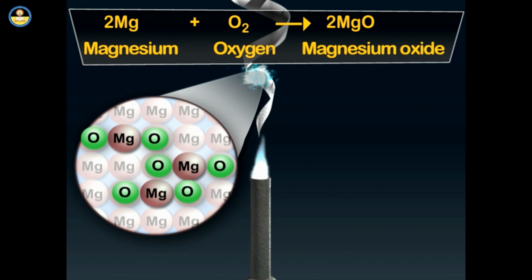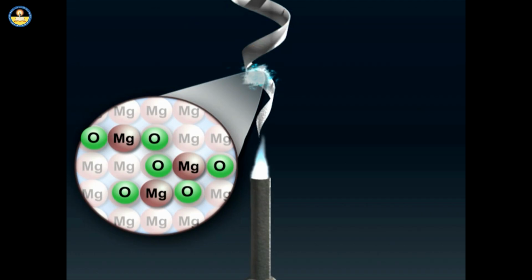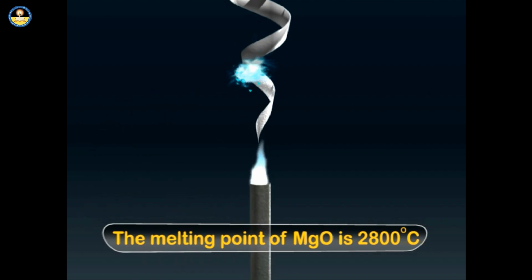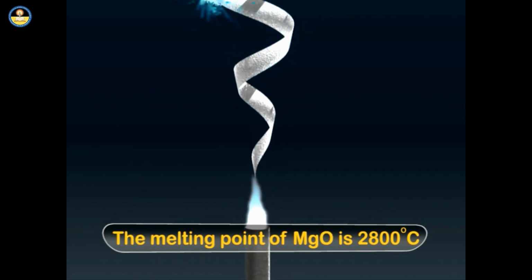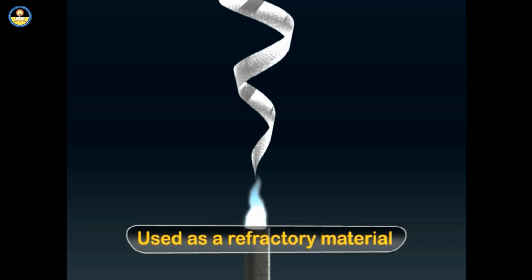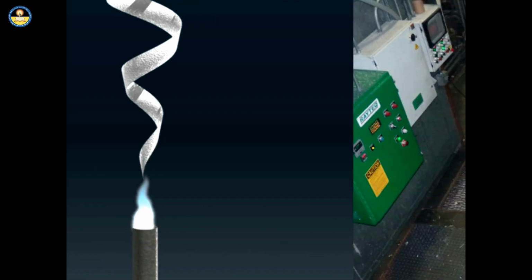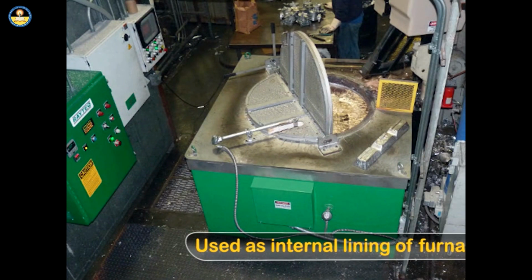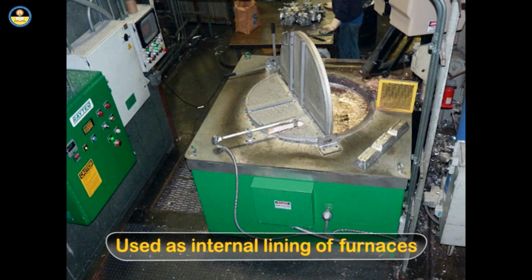Magnesium oxide formed is quite stable. Magnesium oxide is a basic oxide. The melting point of magnesium oxide is 2800 degrees centigrade. Therefore, it is used as a refractory material. It is used as internal lining of furnaces where heating is done up to very high temperatures.